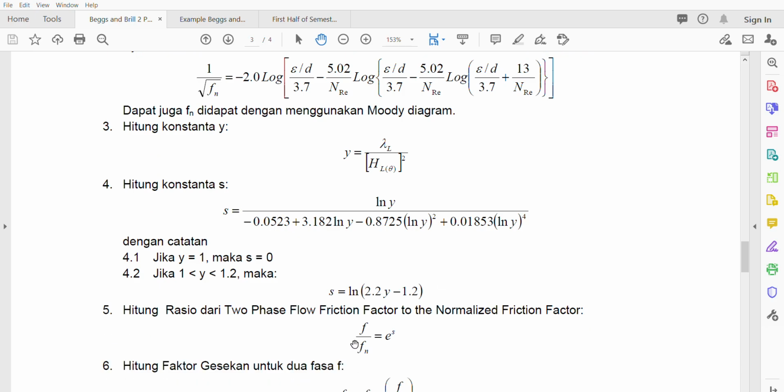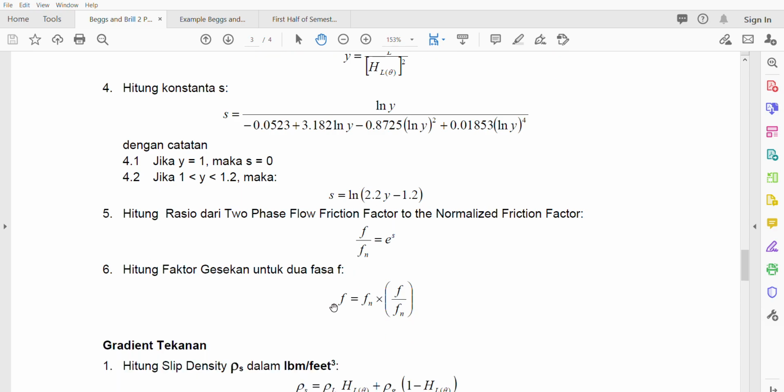Epsilon to the power of S equals F divided by Fn. So if you have an F, you just use Fn multiplied by epsilon to the power of S. So epsilon to the power of S multiplied by Fn, the no-slip friction, gives the friction itself. So this is the expression.